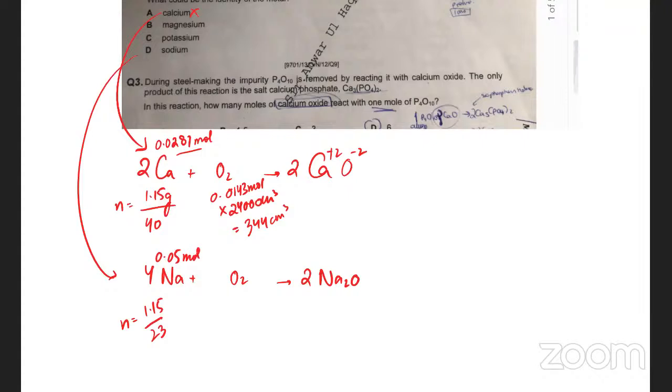So the moles of oxygen would be 4 times less. That's going to be 0.0125 moles, right? Multiplied by 24,000 cm³, you'll find the volume. What do you get? You get 300 cm³. So this is the correct option, because they said that 1.15 grams of a metallic element reacts with 300 cm³. So this is the one.